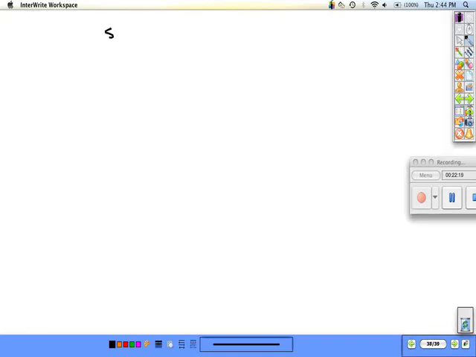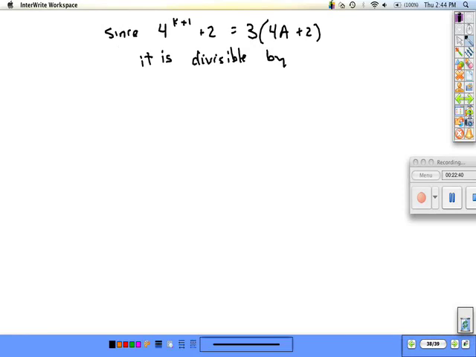So since 4 to the k plus 1 plus 2 equals 3 times 4a minus 2, it is divisible by 3.